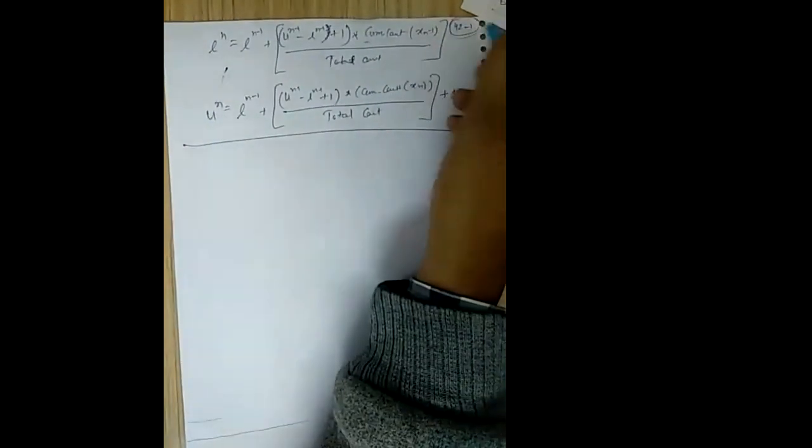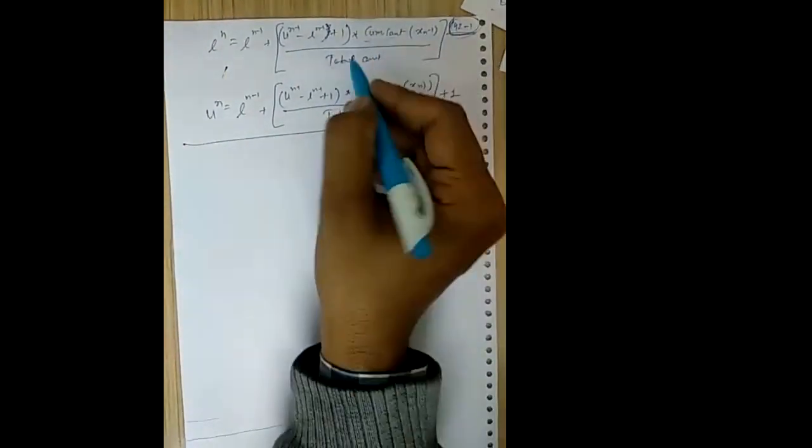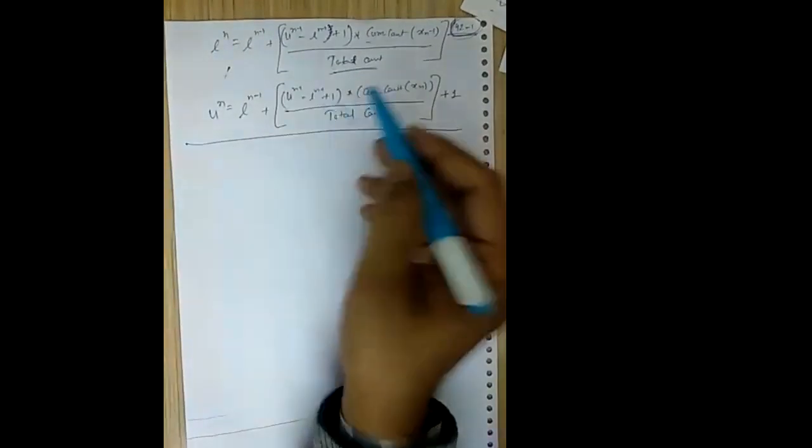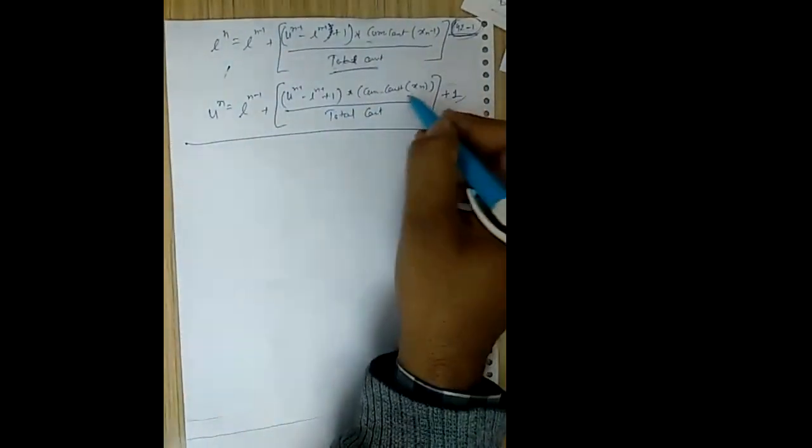This is the page number, so don't consider this one. Then total count, same way for this one. Here just add plus 1, and here it is only x n. So let's start with the process.